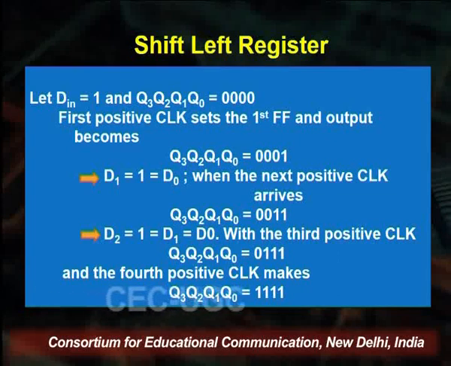So we've discussed both the possibilities: that D1 becomes 1 momentarily and then goes 0, and in the case we discussed recently we made D1 fixed at 1.